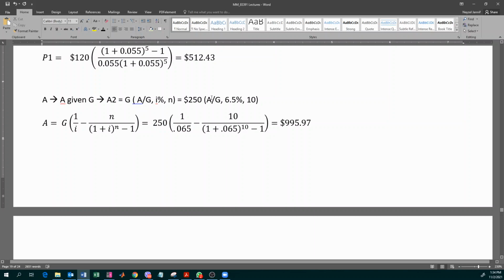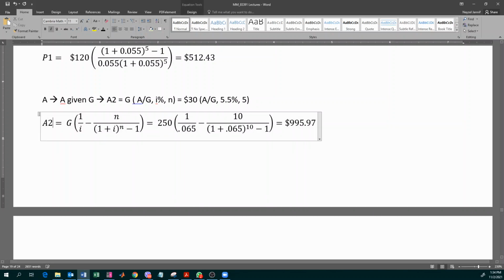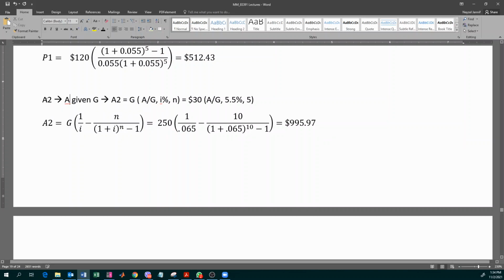The value of G is $30, and that was 5.5%, and our timeline is 5 years. So I'm going to call this A2, to find A2. What we are trying to find is P2, right? Our calculations over here are in line to calculate P2.